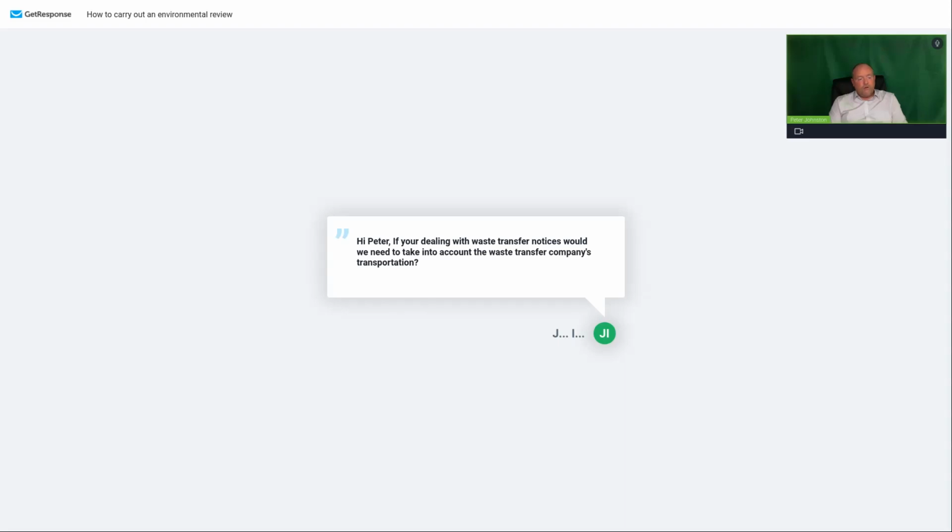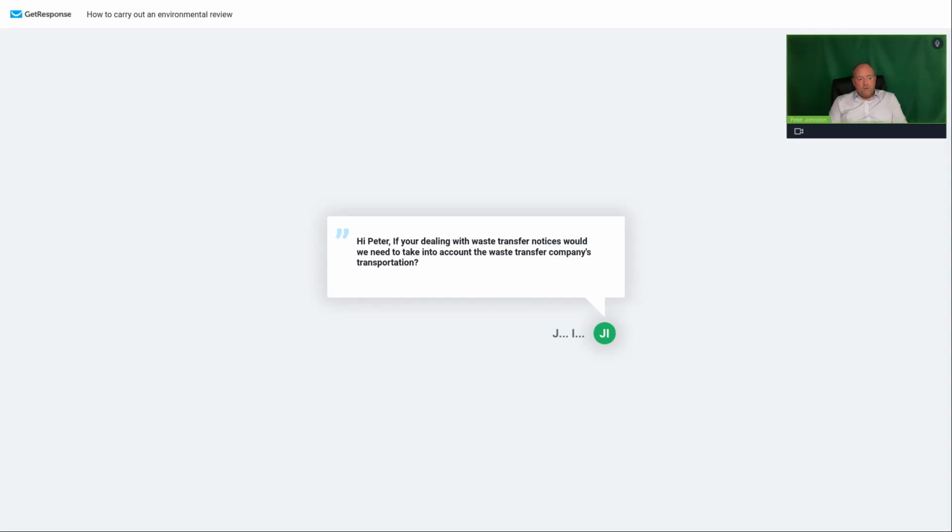So if I was a major landfill site and I was having 500 loads of waste delivered to me a day, I would probably be more interested in my operations on site when I did my environmental review than what kind of vehicles came and collected from me.